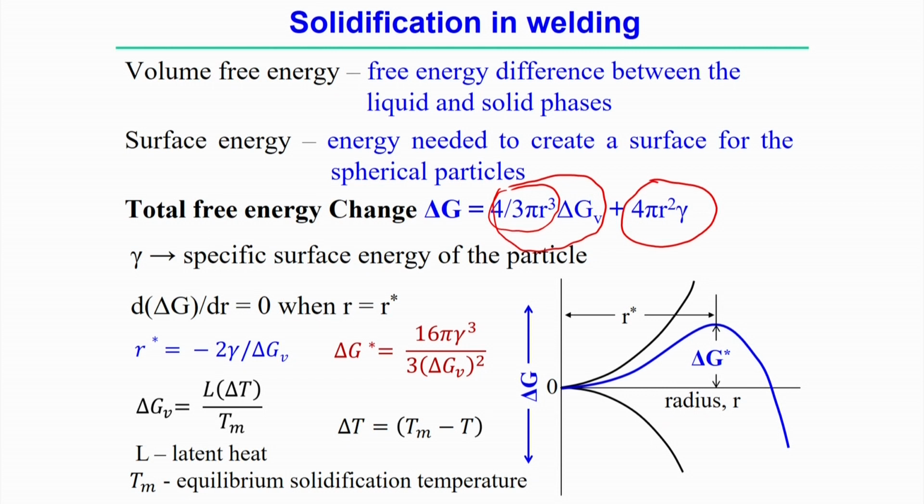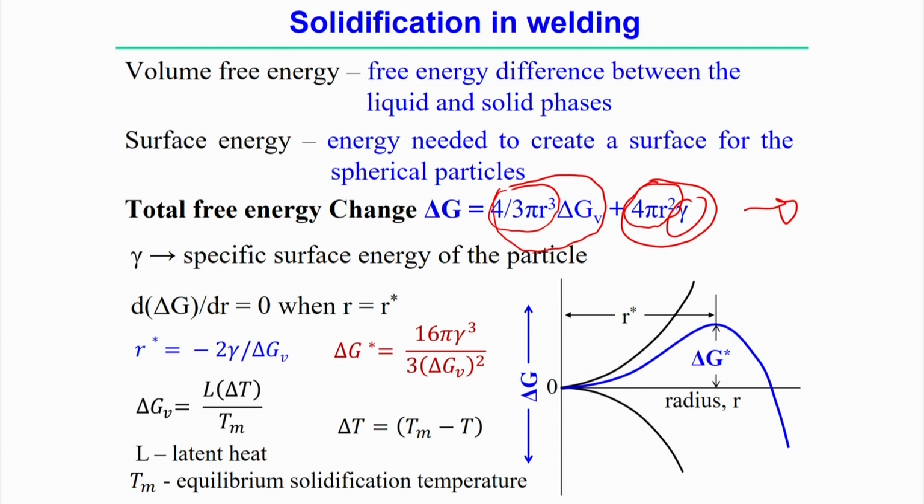So, this is the first component. The second component is the surface energy. 4 pi r square is the area of the surface of a spherical particle, and gamma is the specific surface energy of that particle. So, that delta G represents the total free energy change during the nucleation process.